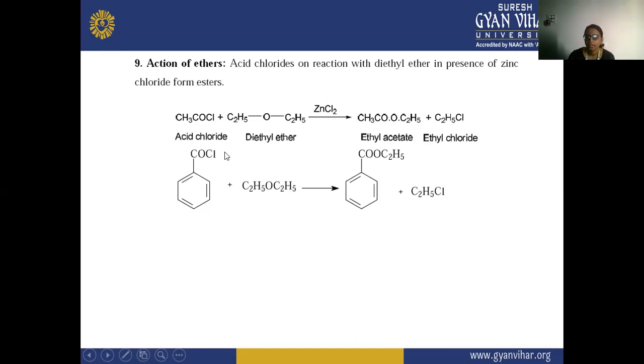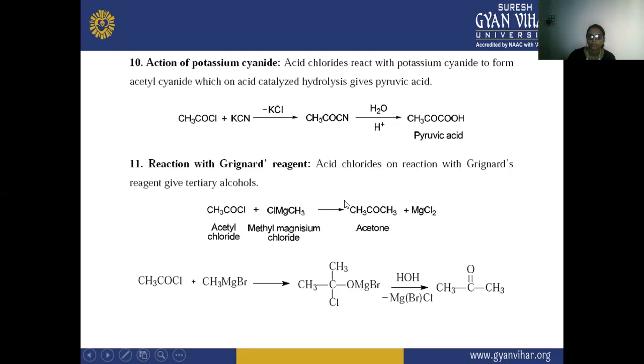This Cl negative charge will react with the C2H5 positive charge, and there is a formation of ethyl chloride, and this C6H5CO positive will react with this C2H5O negative, and there is a formation of the ester.